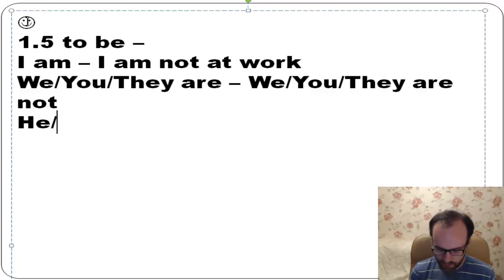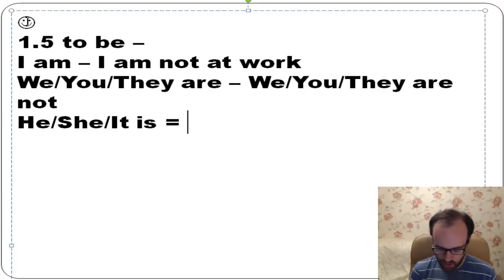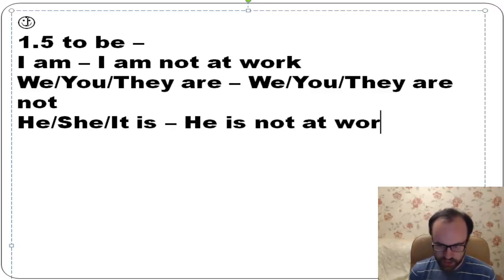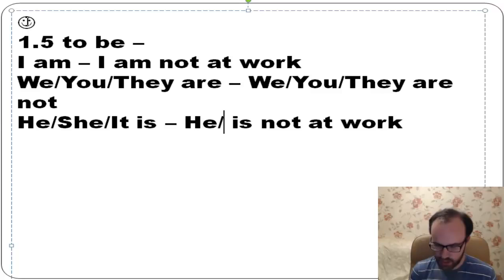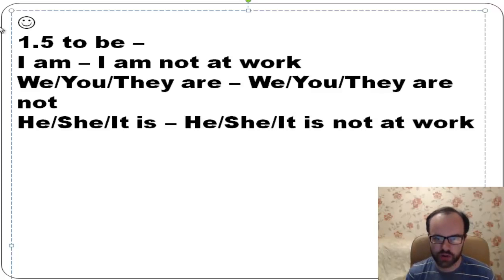And if you have he, she, it, he is at work, she is at work, it is at work. For a negative form, you say he is not at work, she is not at work, it is not at work.